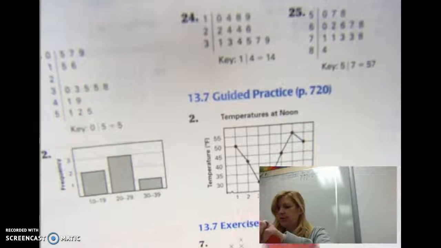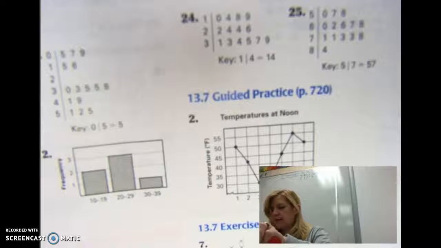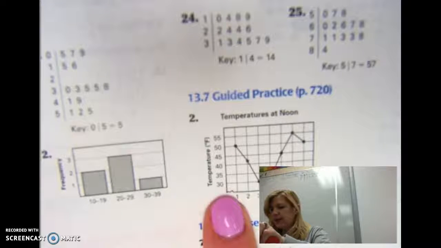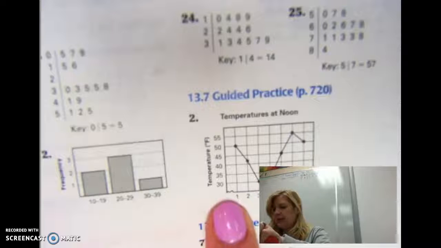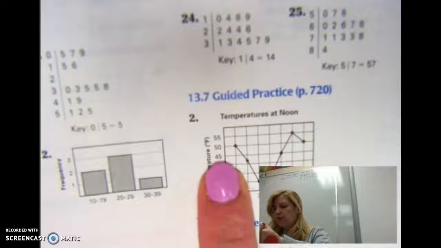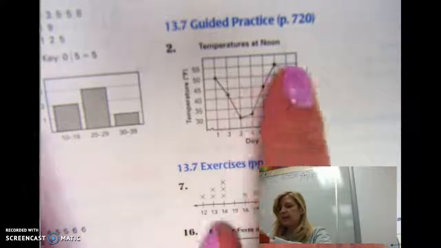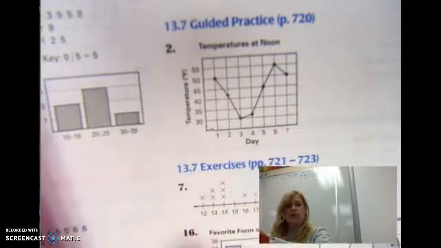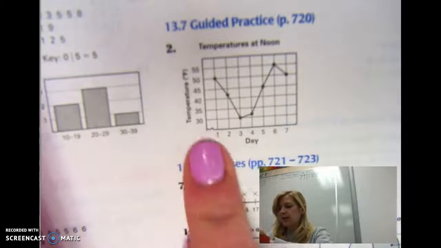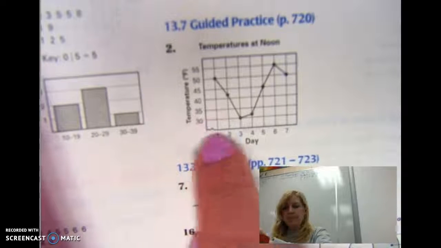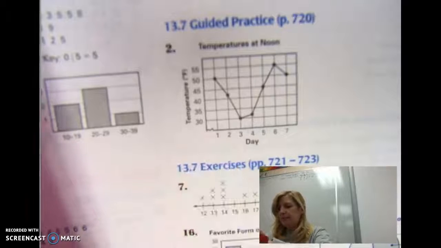Day 1, 2, 3, 4, 5. And notice how they did the broken thing. They went from 0 to 30, 35, 40, 45. So watch that too. This isn't misleading, but it does show the change a little more readily because you have that broken scale at the bottom there.